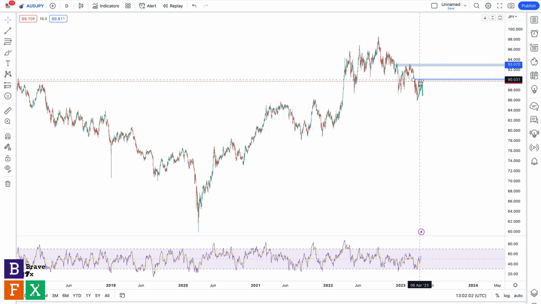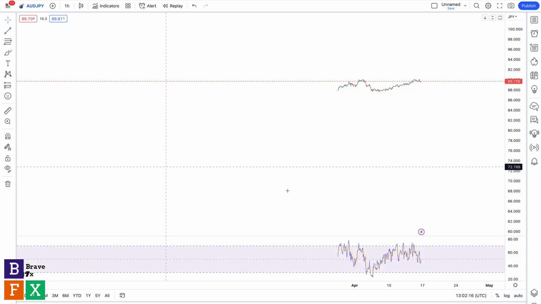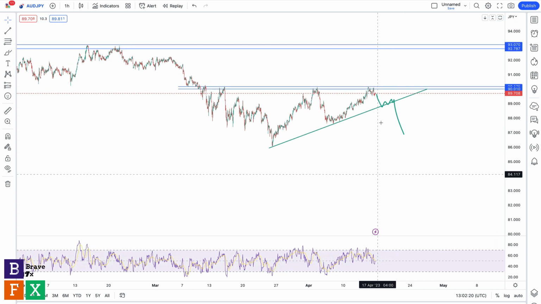So that's the reason why I'm going to be going short only and not long, because with price making lower lows and lower highs, it means there's a good chance this bullish trend might be coming to an end, right? So that's the reason why on the 1-hour time frame right now, I'm going to be waiting for a break of this trend line, after a consolidation, to go short.